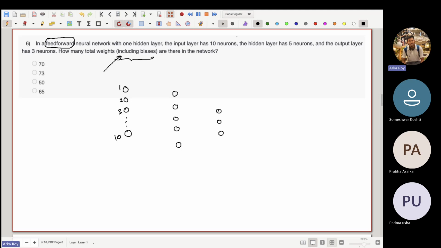How to solve this particular problem is very easy, but just for clarity, let me draw the full diagram.